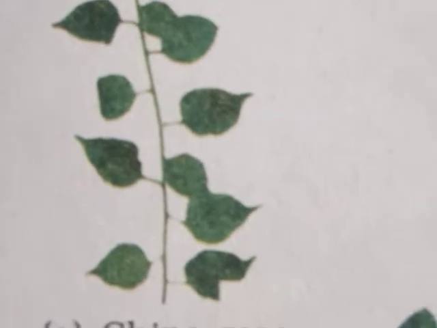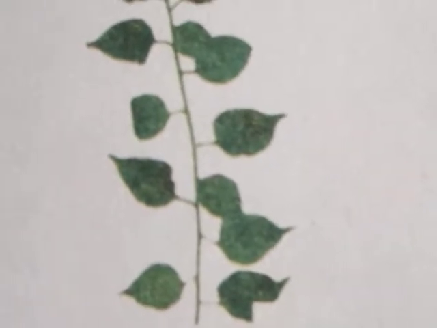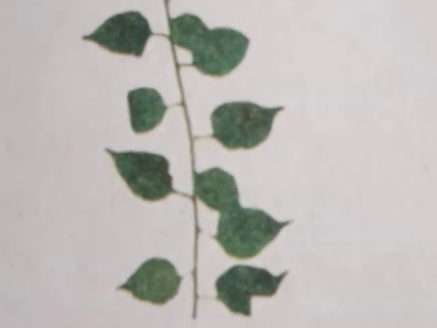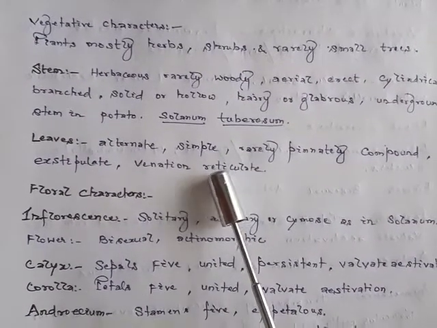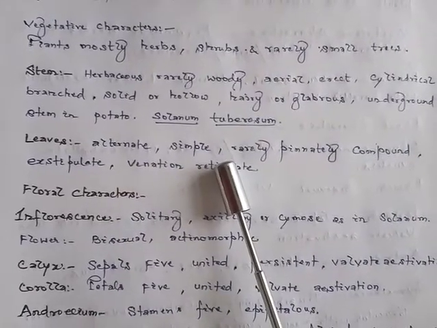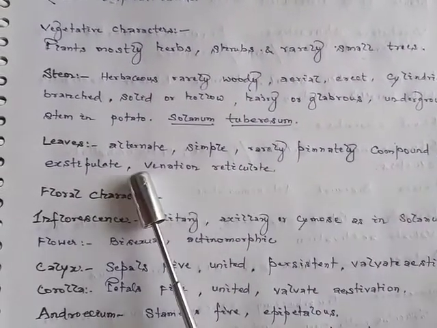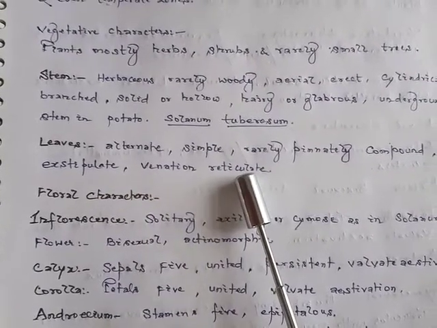As we are observing in the case of members of Solanaceae, the leaves are alternate, simple type, rarely pinnately compound, exstipulate, and venation is reticulate.